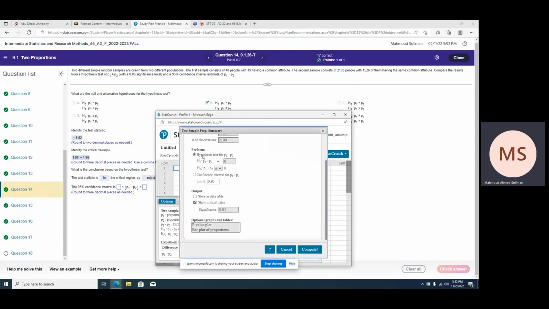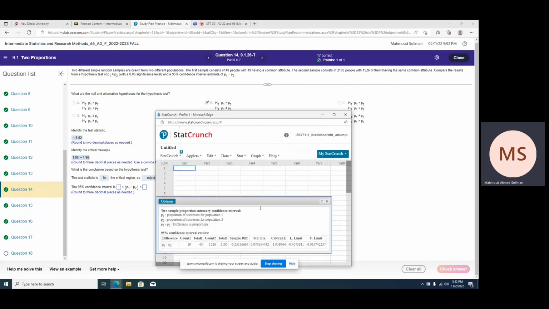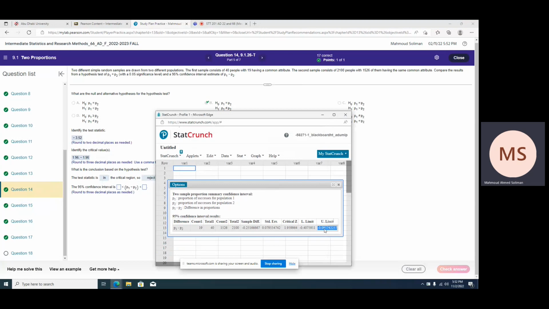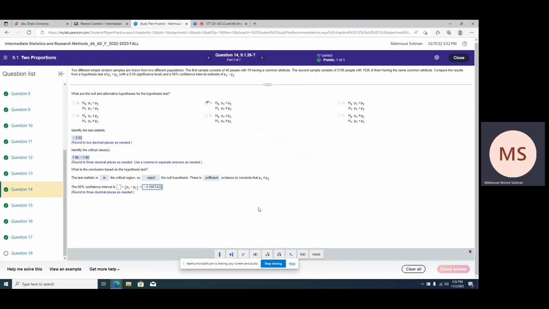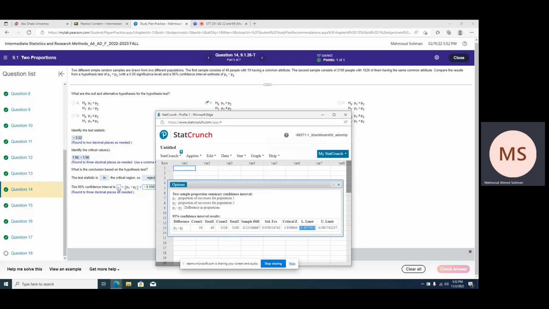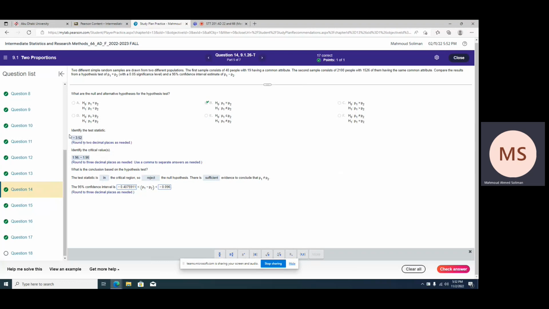Okay, now we do confidence level. This one, the first sample is P1, yes? P1, first sample. Copy this one, paste, we need 3 decimals. Because the test statistic is greater than the negative one, it's in the region. Isn't it the opposite?